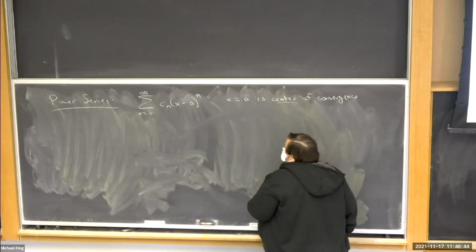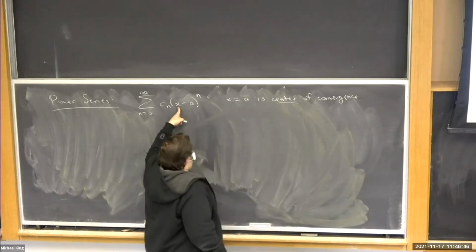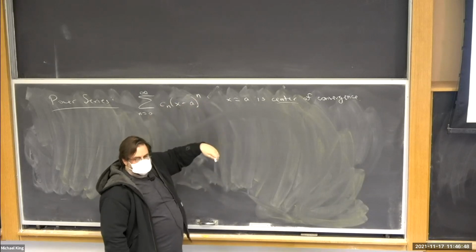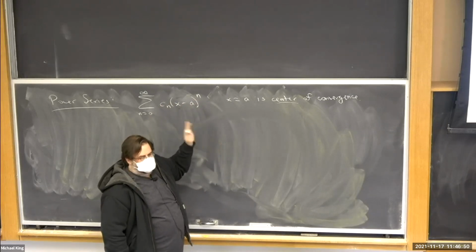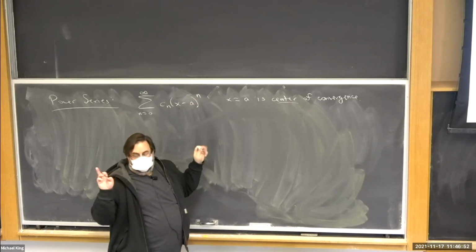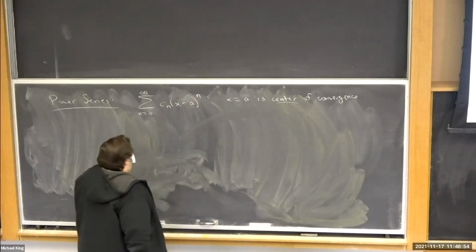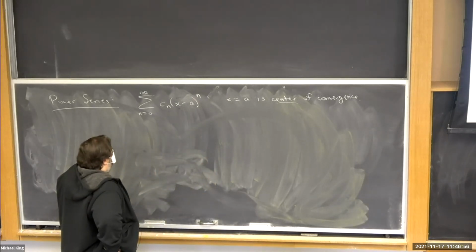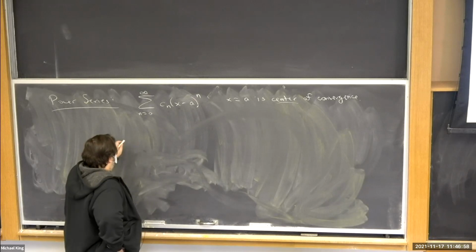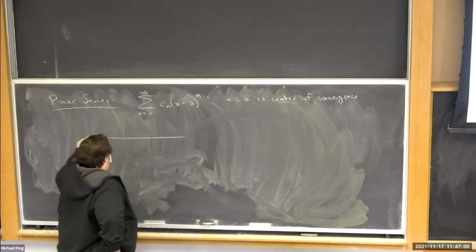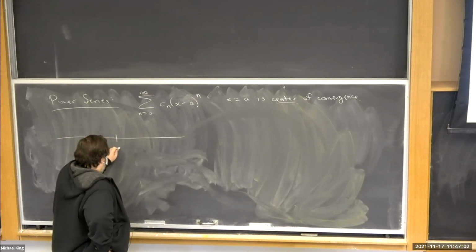That's called the center, because when you plug in a here, pretty much all the terms of the series go away. It's not even an infinite series anymore. So that's the point where it obviously converges, right? So you get this point in the center on the x-axis where it definitely converges.